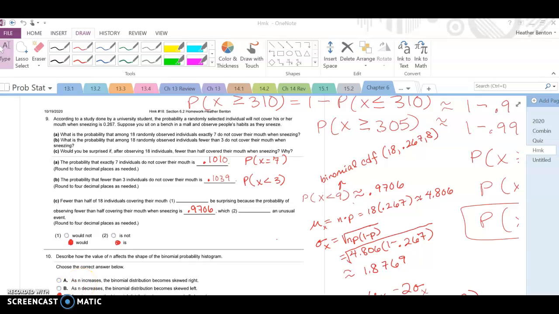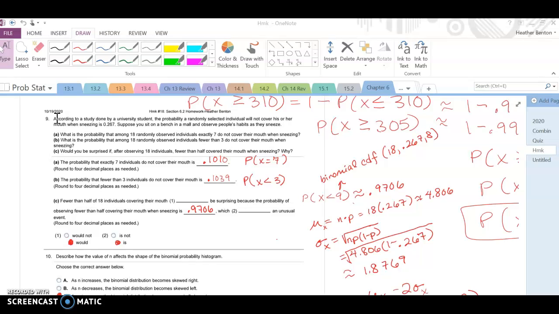Okay, so this is working out problem number 9 on the MyMathLab for section 6.2. It says that according to a study done by a university student, the probability a randomly selected individual will not cover his or her mouth when sneezing is 0.267.